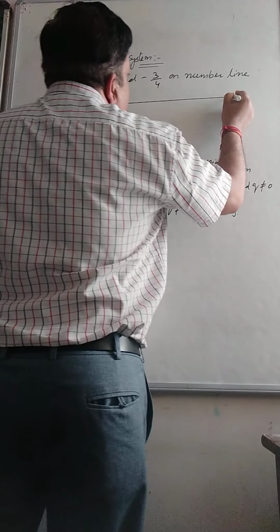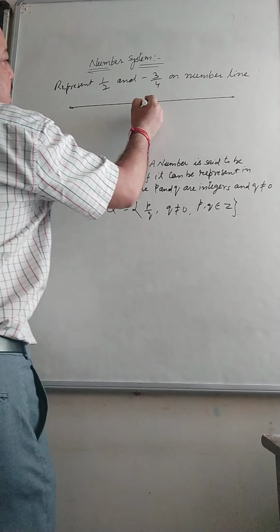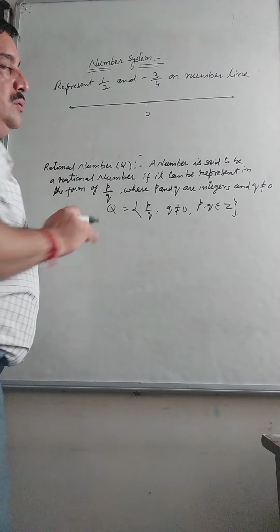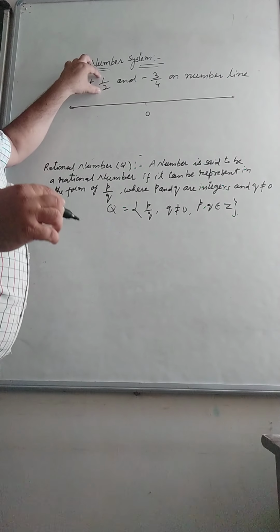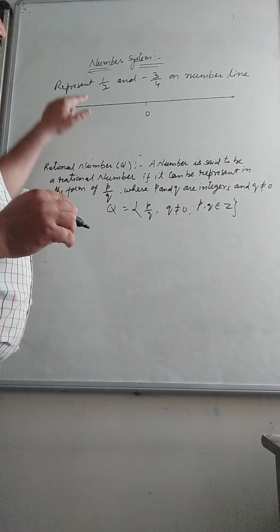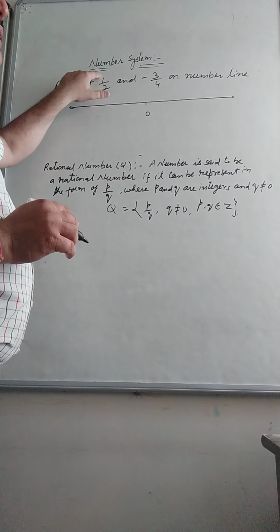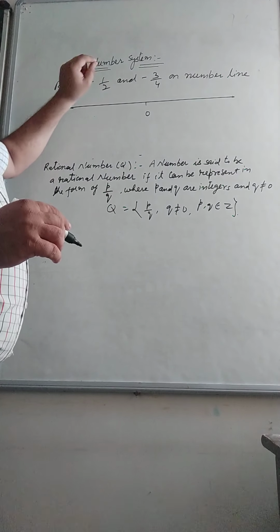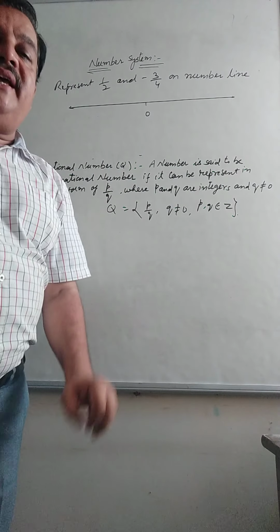First of all, I'll draw a line. In the middle of that, we'll take 0. In 1 upon 2, the denominator is 2 and the numerator is 1. Because the denominator is greater than the numerator, this number will be less than 1.